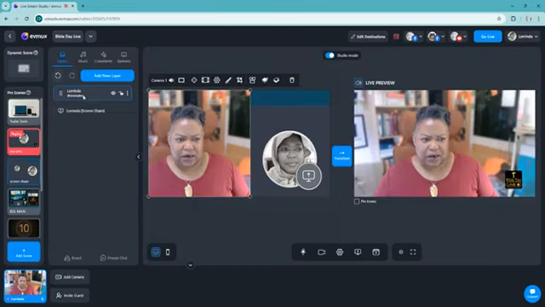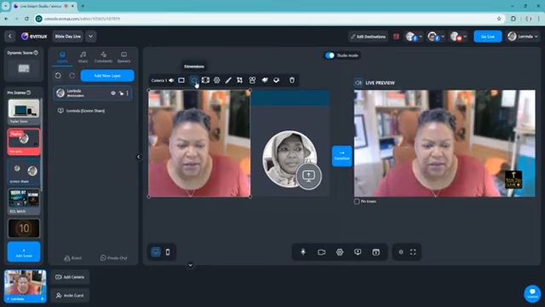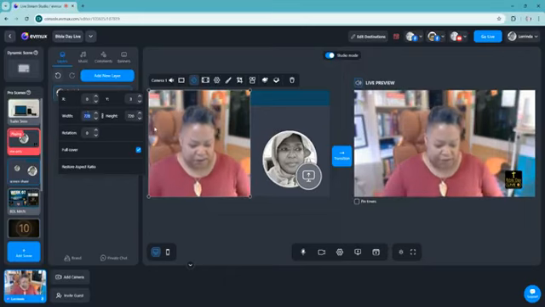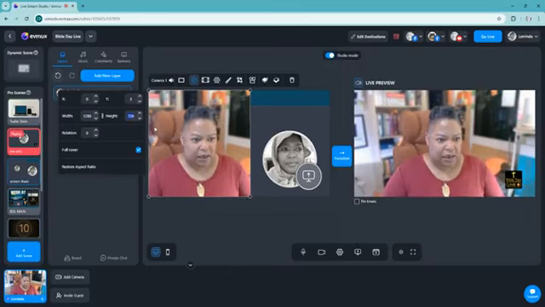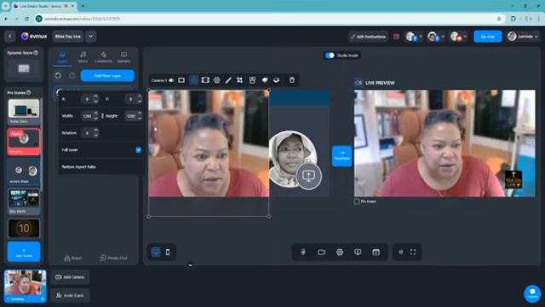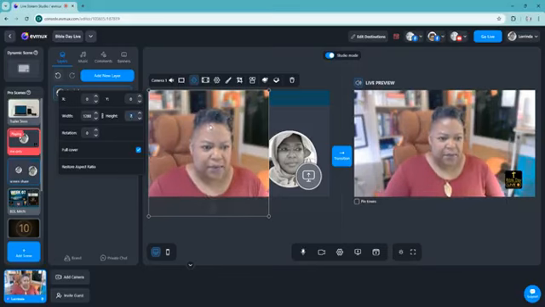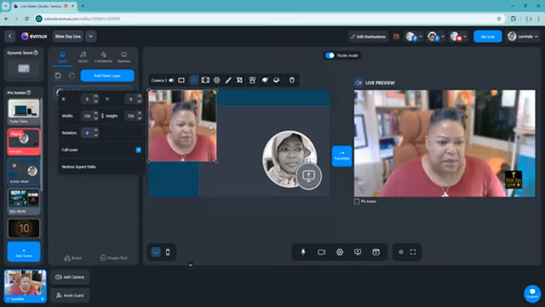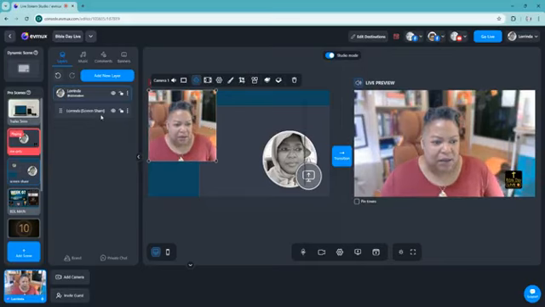Screen share. So let's see if I didn't do something right. Oh, this should be 1280. Why is it 1280 by 1280, 1280 by 720? I don't know. Maybe it's because this is linked. Oh my goodness.